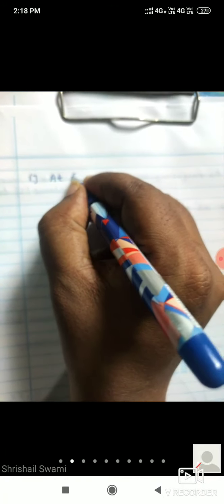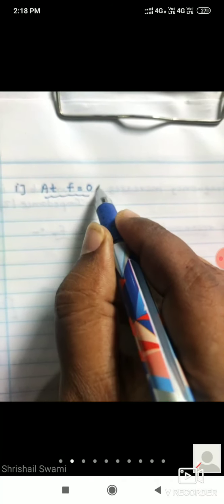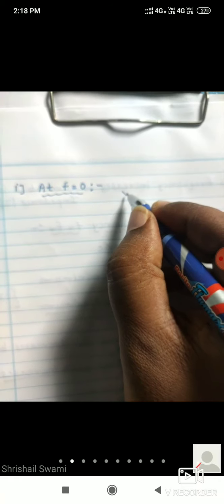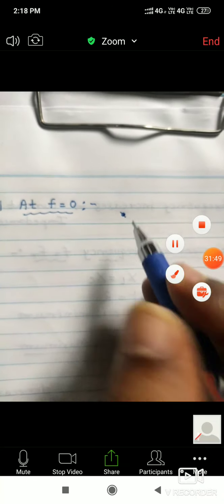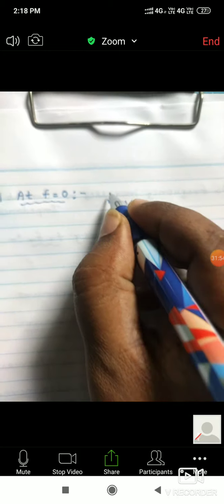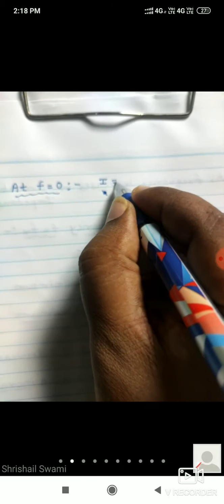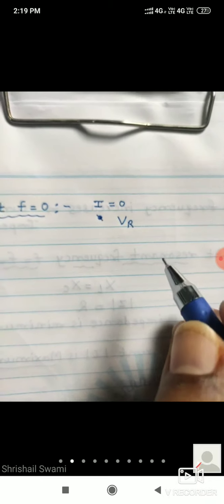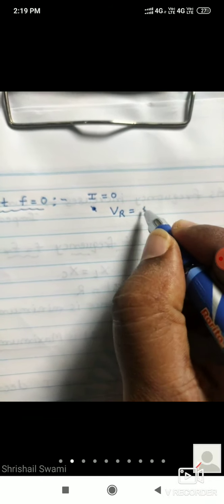Okay. So I will start the explanation here. First point, at frequency f is equal to 0, what will happen? At frequency f is equal to 0, current I becomes 0, because VR is equal to I into R. So VR becomes 0 volt.